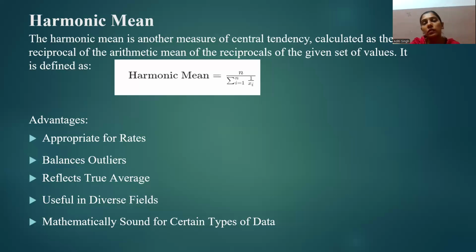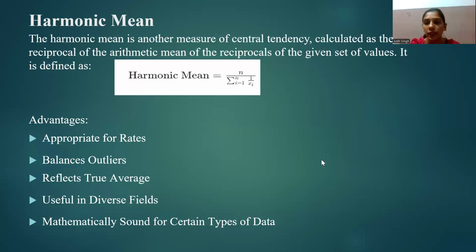So harmonic mean does the calculation mathematically, which is very useful for certain types of data, like data in fractions or in rates. So this is how harmonic mean helps in various scenarios.